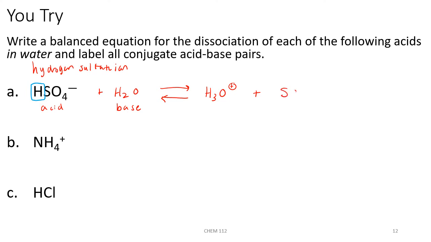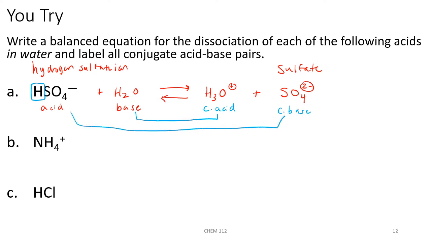So it'll become SO4 2- now, which is the sulfate anion. So we're going to have our conjugate acid-base pairs. Water's conjugate acid is hydronium. Our conjugate base of the hydrogen sulfate ion is going to be sulfate. And so that'll be our second pair.